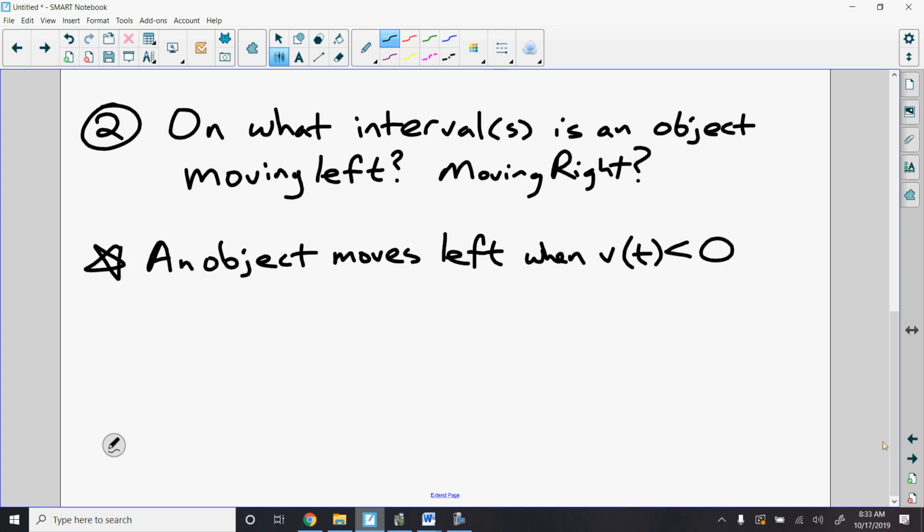An object will move left whenever we have a negative velocity, whenever v of t is less than 0. An object is going to move right whenever v of t is greater than 0.